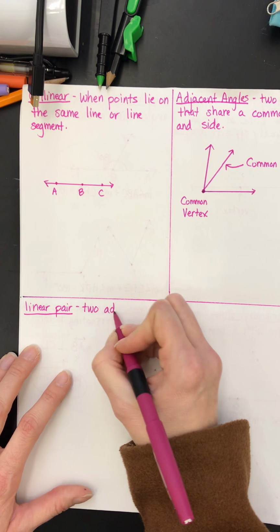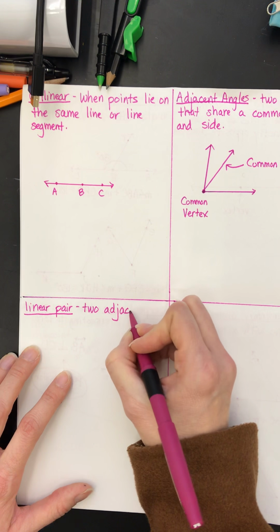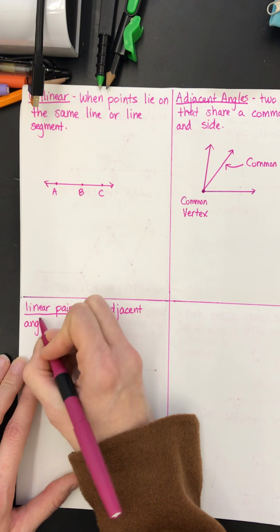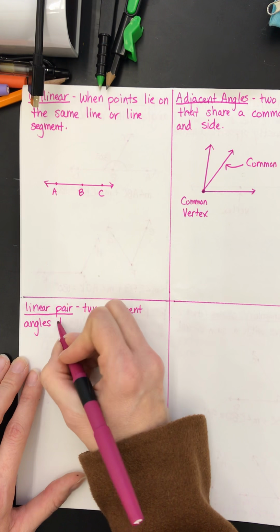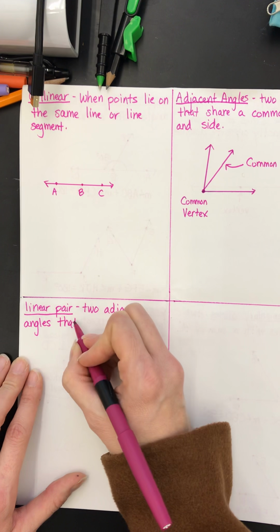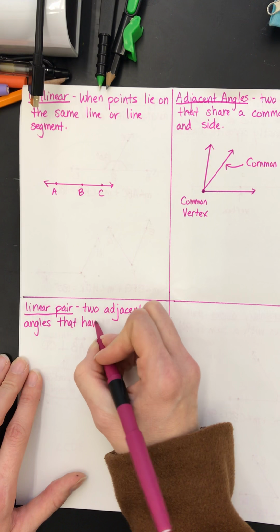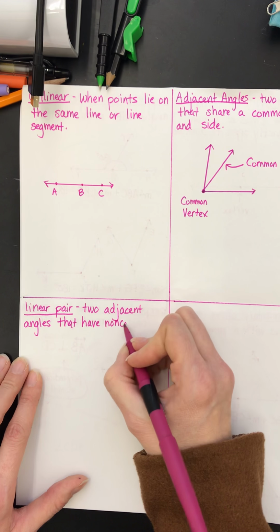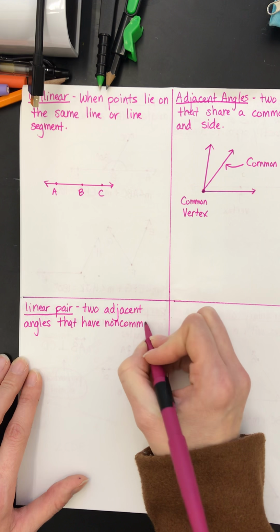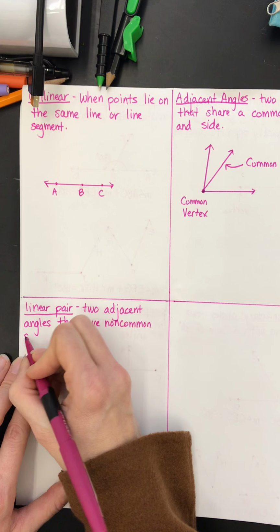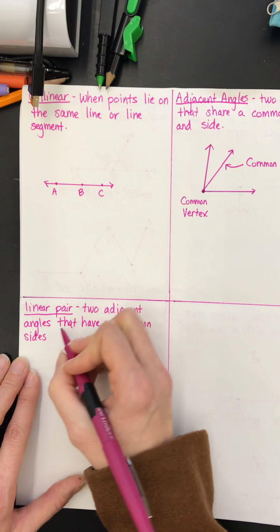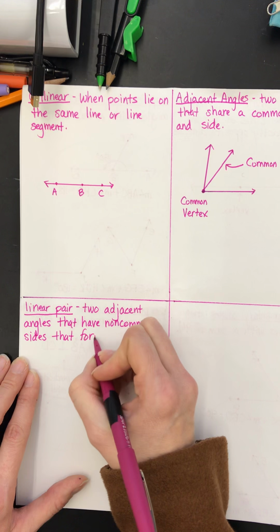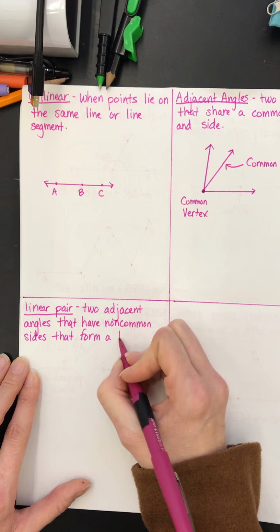So it is two adjacent angles that have non-common sides that form a line.